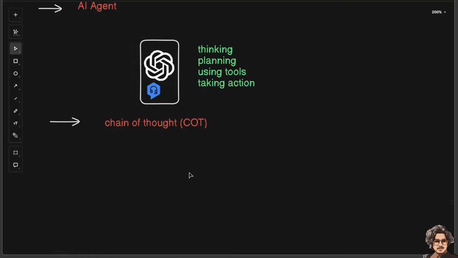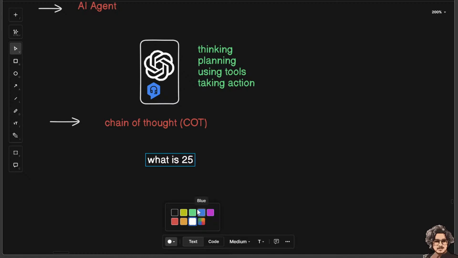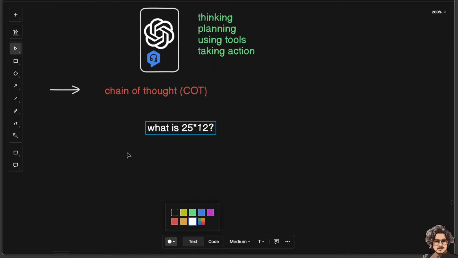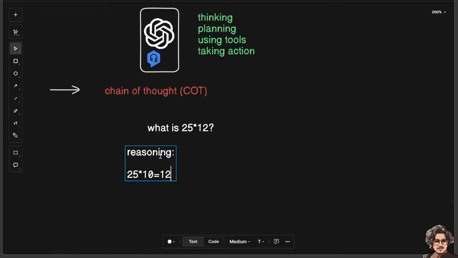Making a model reason step by step. So if I ask the model what is 25 into 12, what will the answer be? First of all, the reasoning is 25 into 10, so this will be 250.